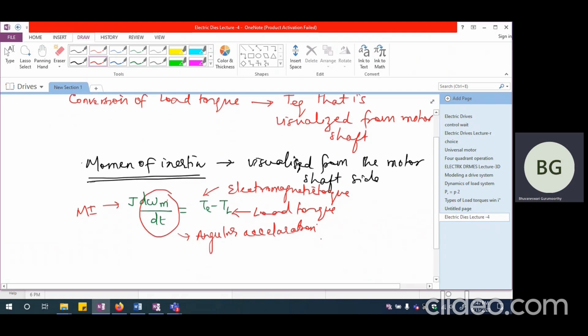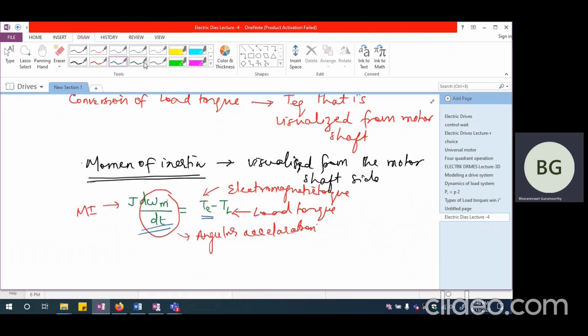So if I want a particular amount of acceleration with the given inertia of the drive system, I will have to give an electromagnetic torque which is greater than TL, the torque demanded by the load itself.